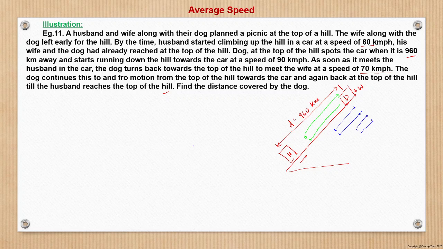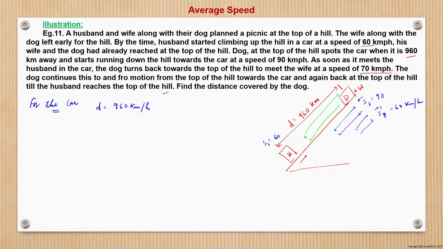So first, from the point of view of the husband, the car has to travel 960 kilometer to reach the top of the cliff, right? So for the car the distance is 960 kilometer, and the speed is given, right? S1 is given as 60, and the speed of the dog S2 while coming down is 90, and S2 dash while going up is 60 kilometer per hour, right?